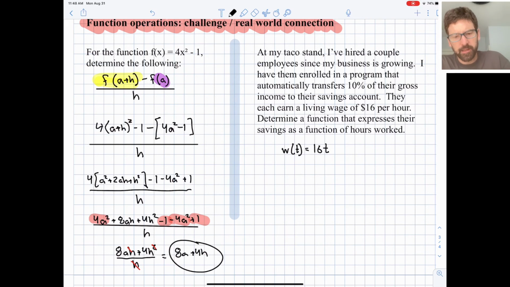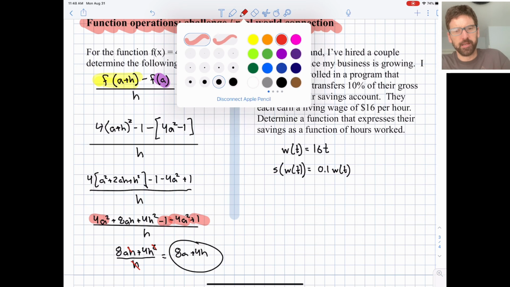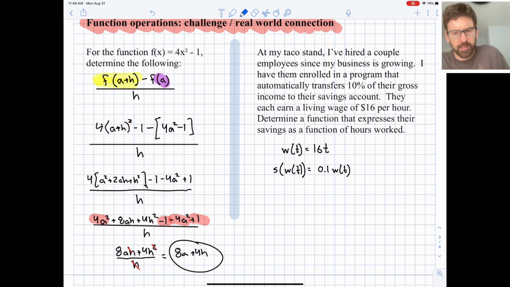Okay, and then we can think of savings maybe as a function of their wage is 0.1 times their wage. Okay, so we want to do a little substituting right here, and I hope you can see that this 16t can get substituted in right there.